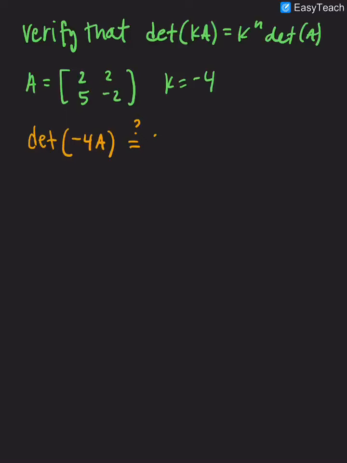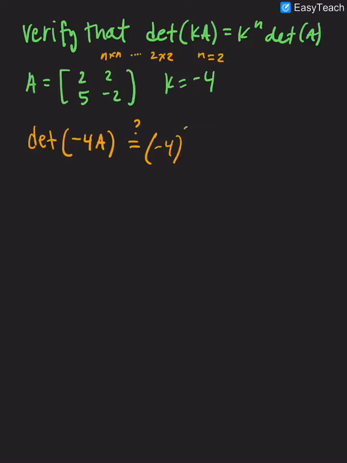Part of our properties before, we were able to remove the K to the n, if you recall. So that's going to be -4 to the power of n, and this is a 2 by 2 matrix, so that n is going to equal 2.